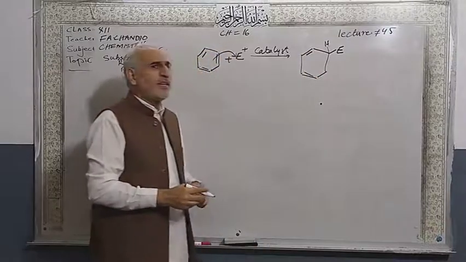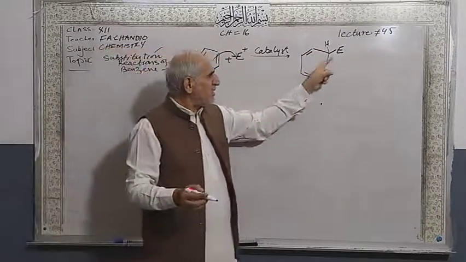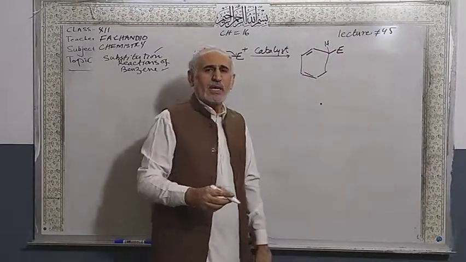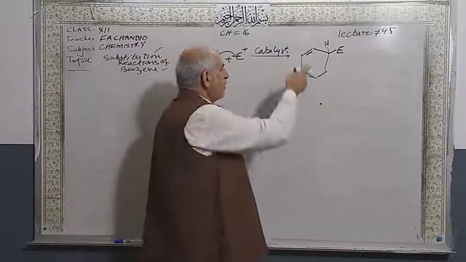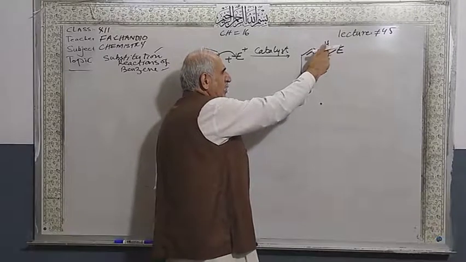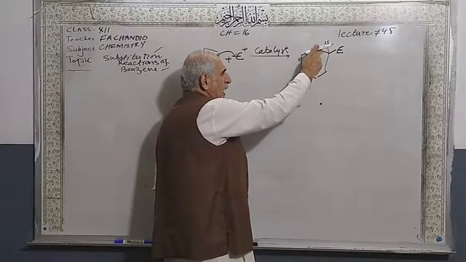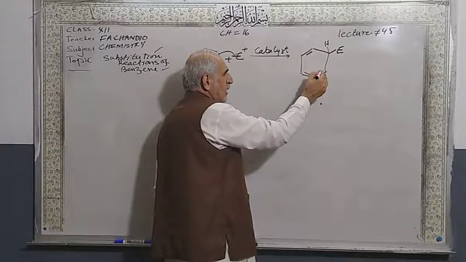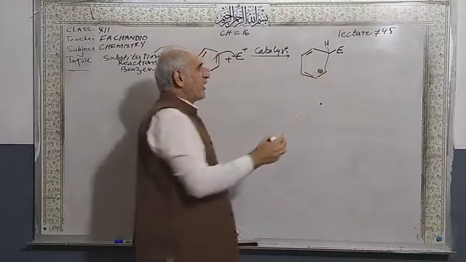Hydrogen is exposed because this electrophile is going to replace the other electrophile, which is hydrogen. The valency of this carbon is satisfied, 1, 2, 3 and 4, but the valency of this carbon is not satisfied. That's why a positive charge is created here.